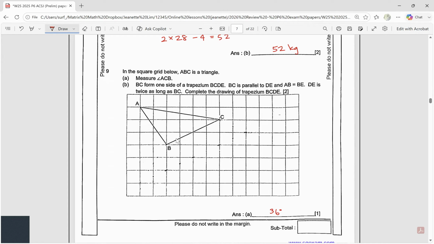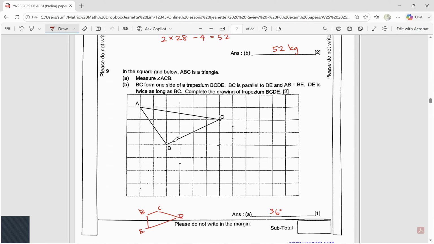If I just roughly sketch it out, BC is here, right? Then I don't know how long DE is, but maybe something like that. So it has to go in order, like B, C, D, and then E. Then DE is twice of BC.